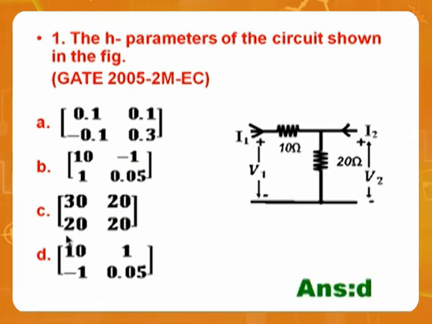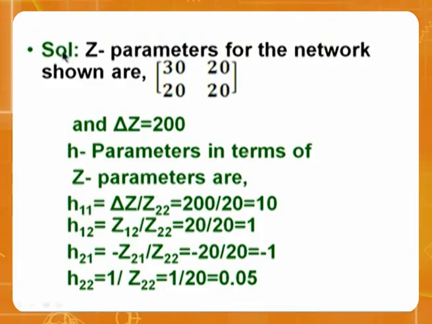Let's go to the solution. If you calculate Z parameters using the new method by just KVL and KCL, you'll get 30, 20, 20, 10. From there, the determinant is 200 because 600 minus 400 becomes 200. Then convert into H parameters. Actually, to remember this is very difficult.